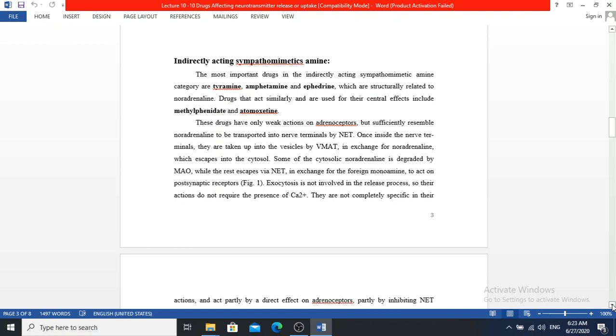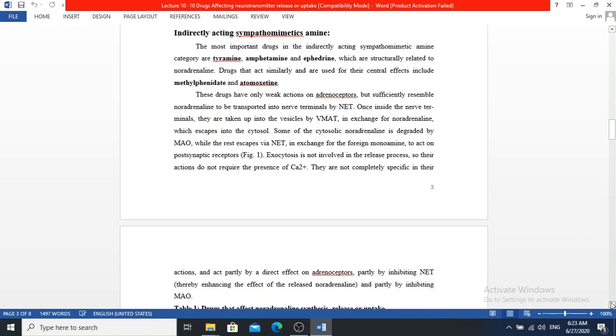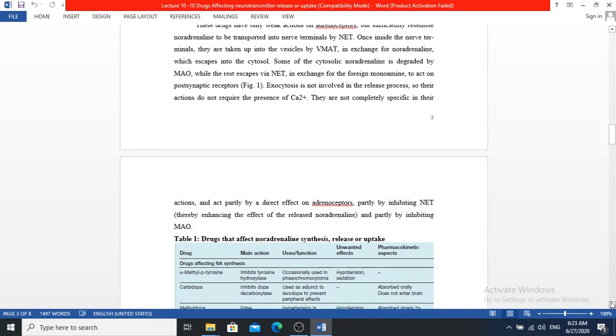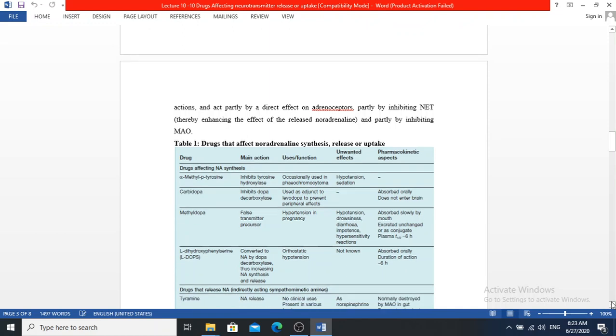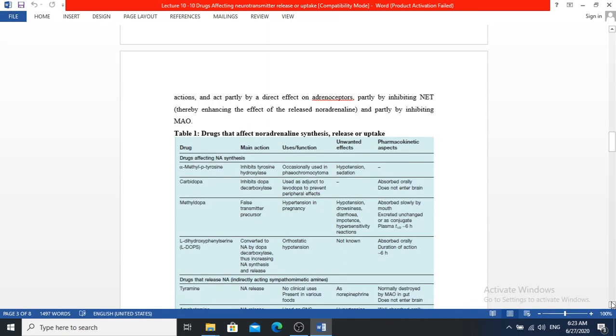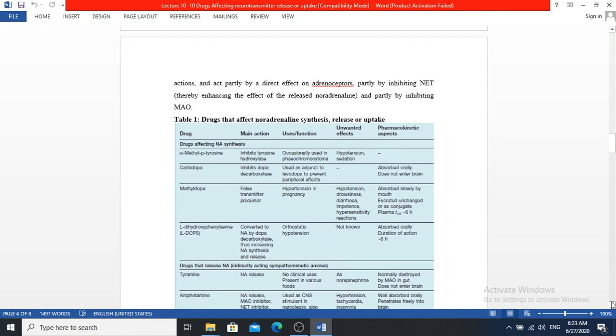They are not completely specific in their action and act partly by a direct effect on adrenergic receptors, partly by inhibiting NET, thereby enhancing the effect of the released noradrenaline, and partly by inhibiting monoamine oxidase.